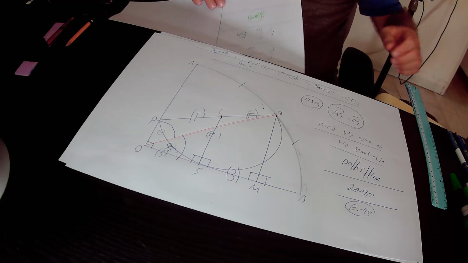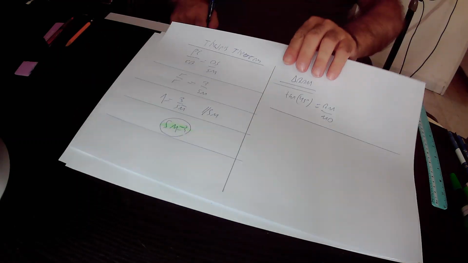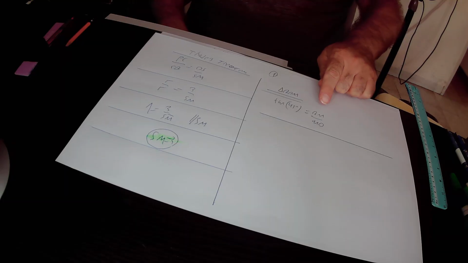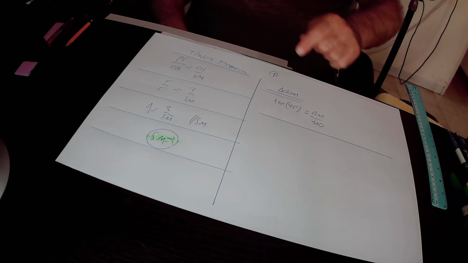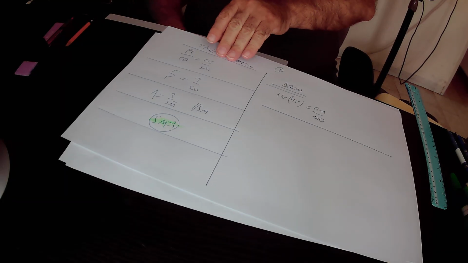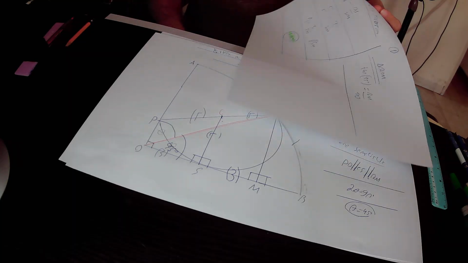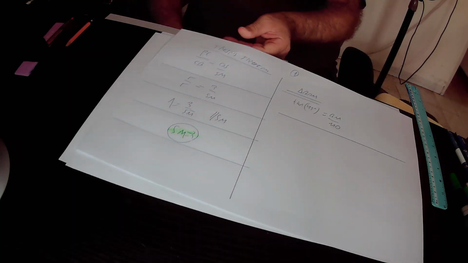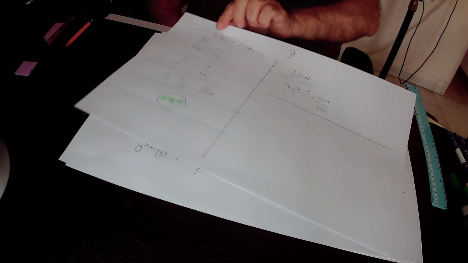Repeat again, in the right triangle QOM, tangent of 45 degrees equals QM over MO. Tangent of 45 degrees is 1.